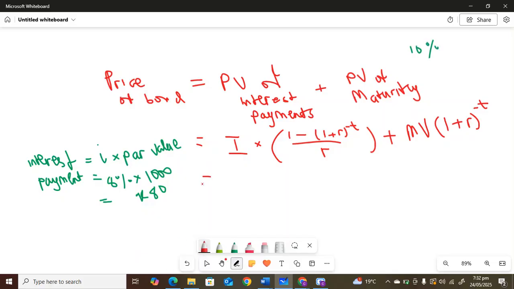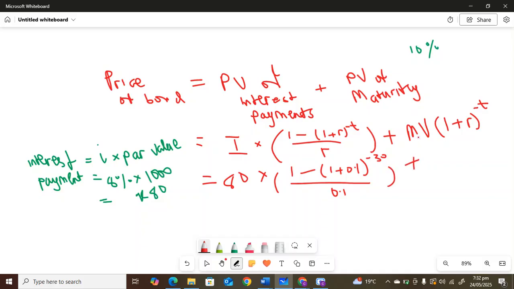So here, I is 80 multiplied by, open brackets, 1 minus 1 plus 10% converted into a decimal, 0.1, to the power negative 30, because this bond is for 30 years, over 0.1.